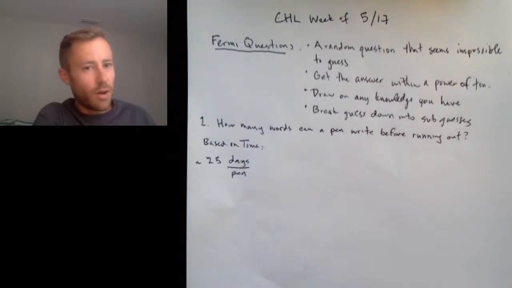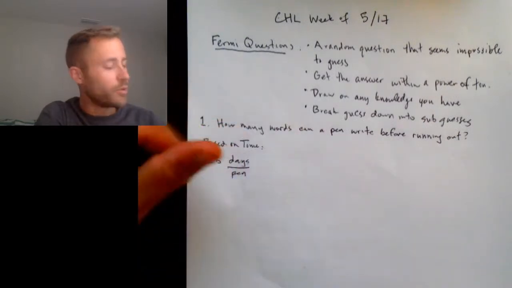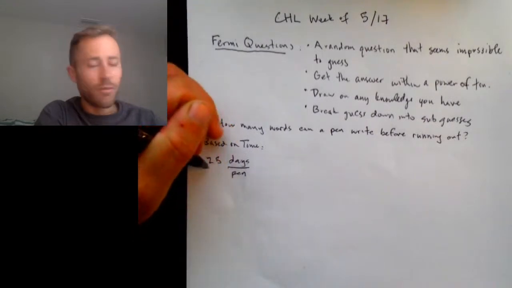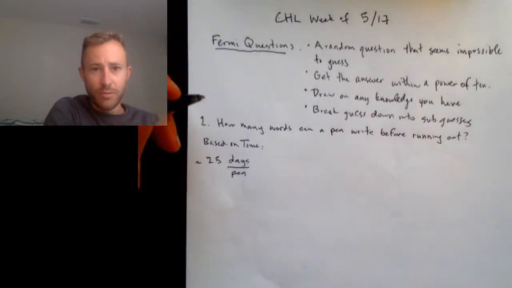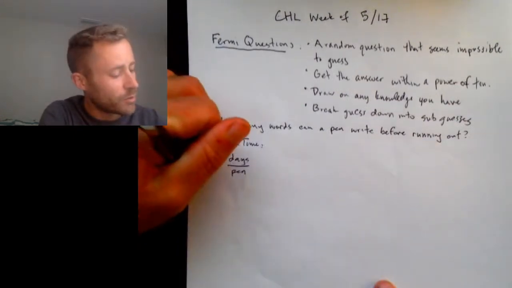So let's say that on a day where I'm writing, I might write 200 words for a lesson, and then I might do 3 lessons. So that might be 600 words per day.